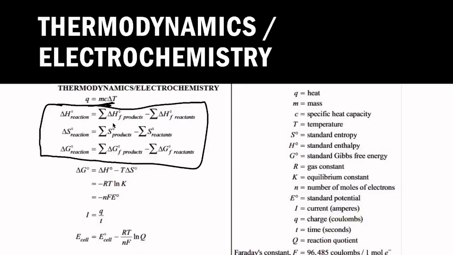It is just finding standard enthalpy, standard entropy, and standard Gibbs free energy, which will mostly be on an FRQ, and they'll give you the standard entropy of each individual part, and then you have to multiply them by how many moles there are of it, and do products minus reactants in order to find the change in them, which is really useful for this equation.